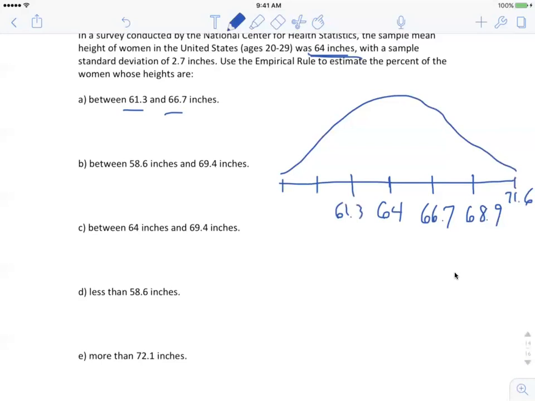Subtract 2.7 again: 58.6. And subtract 2.7 from that: 58.6 minus 2.7 is 55.9. These numbers, once you calculate them, will be crucial and very helpful in answering these questions.